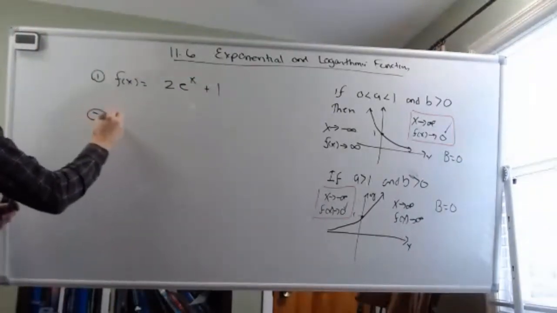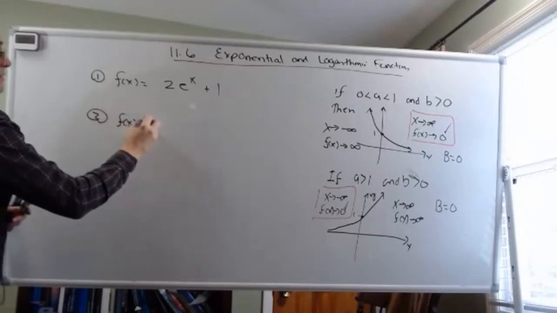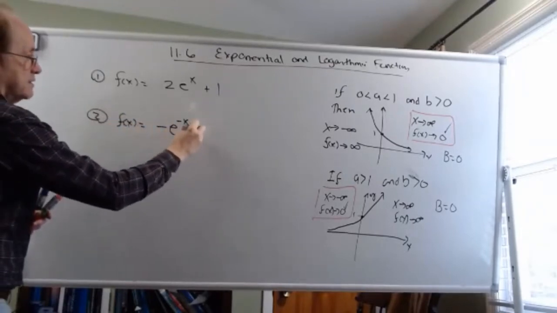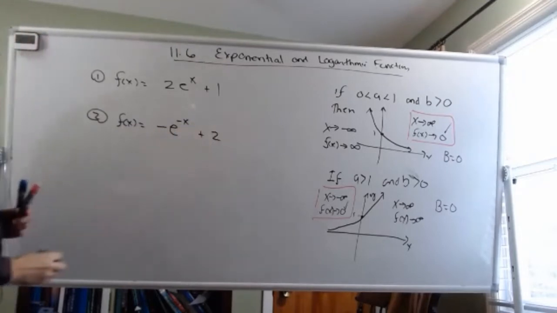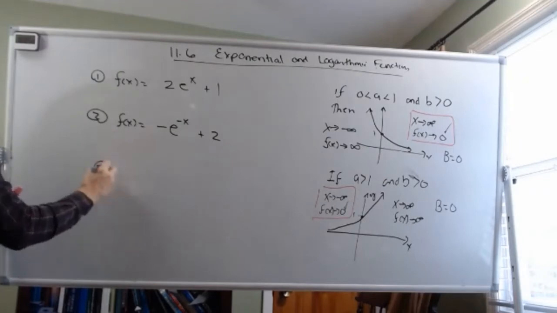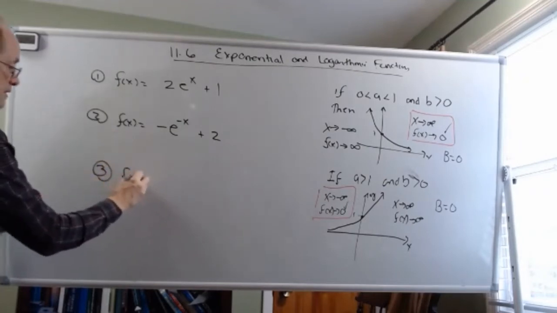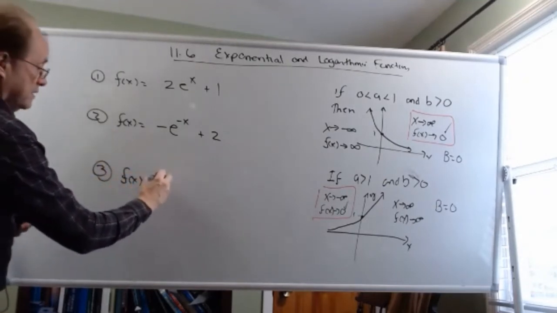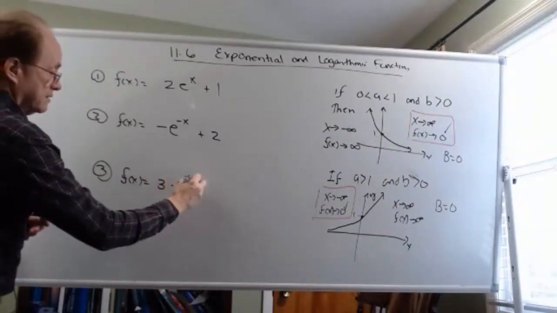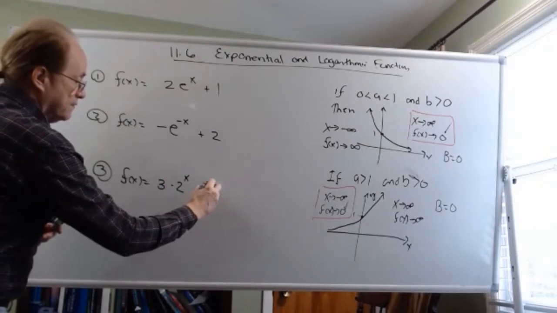Let's take a look at another one. f of x is equal to minus e to the minus x plus 2. And let's take a look at a third. Let's do f of x is equal to 3 times 2 to the x minus 3.